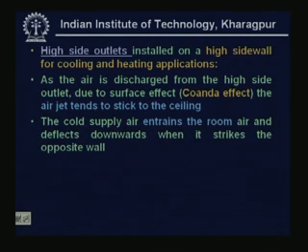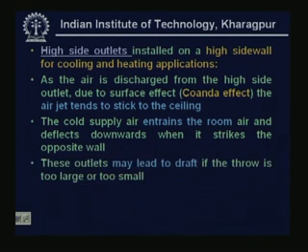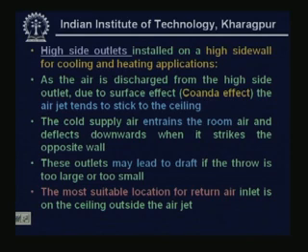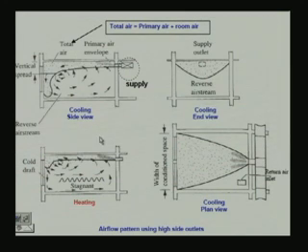The cold supply air entrains the room air and deflects downwards when it strikes the opposite wall. These outlets may lead to draft if the throw is too large or too small. The most suitable location for return air when you are using high side supply air outlets is on the ceiling outside the air jet.